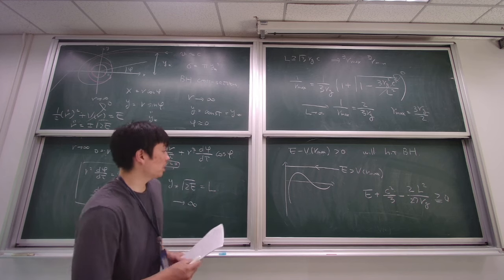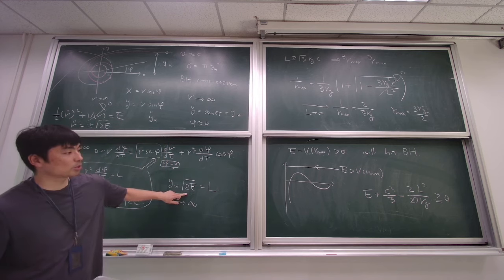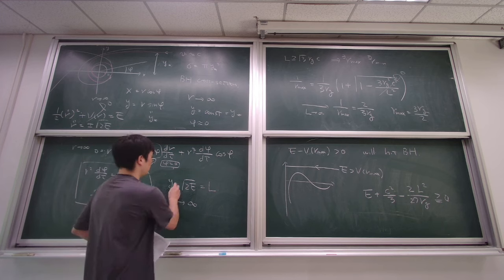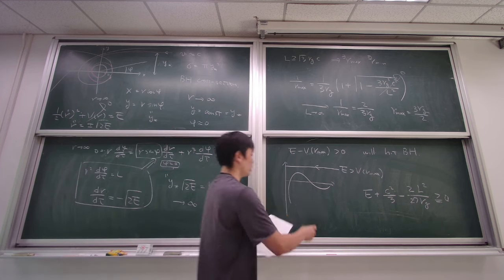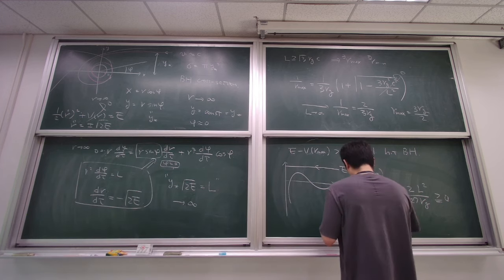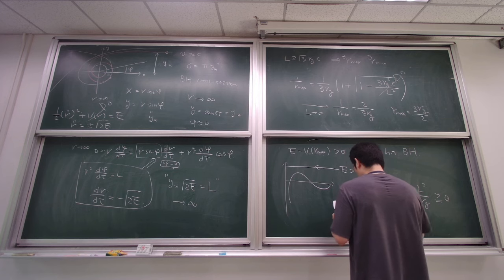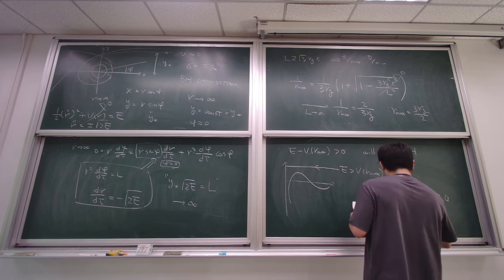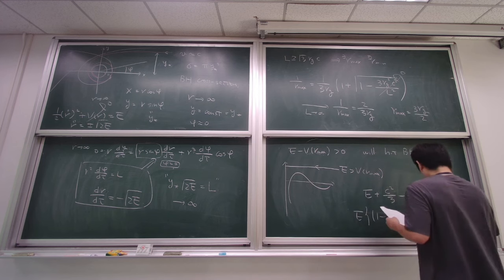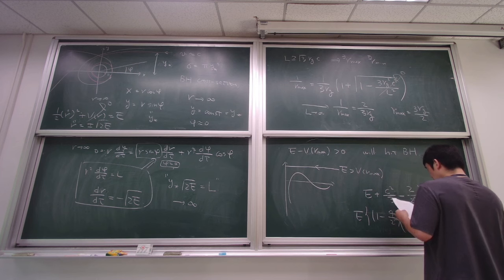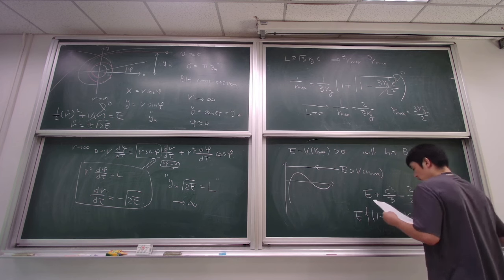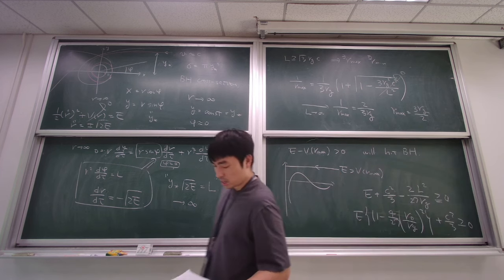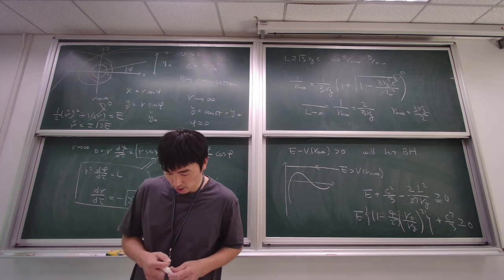And if you use the relation between these two, if you plug this relation into here, what you get is that E is equal to 1 minus 4 over 27 R0 over RG squared, and then plus c squared over q greater than 0. Okay, so that's the case.